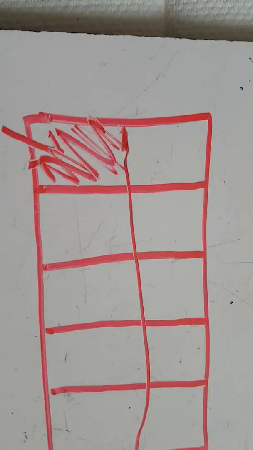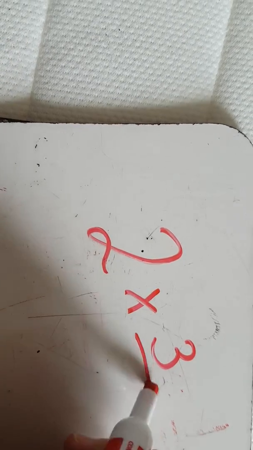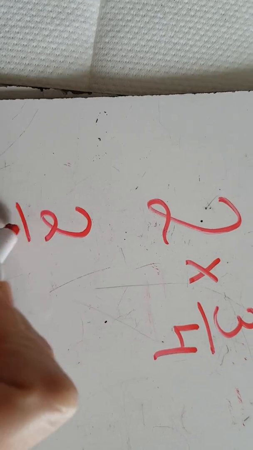Let me explain that to you one more time because I'm hearing questions. Let me see if I can erase this with one hand. Remember when we were multiplying and we did something like 2 times 3/4, and that meant 2 over 1.